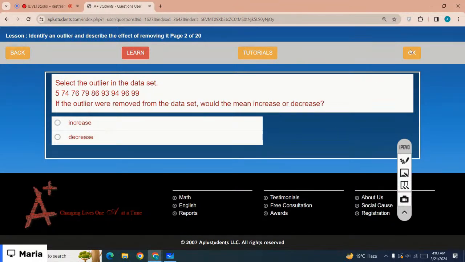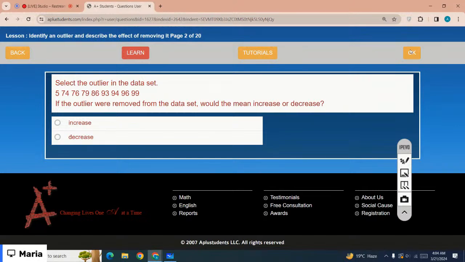Select the outlier in the data set 5, 74, 76, 79, 86, 93, 94, 96, and 99. If the outlier were removed from the dataset, would the mean increase or decrease? Yes, 5 is the outlier here.